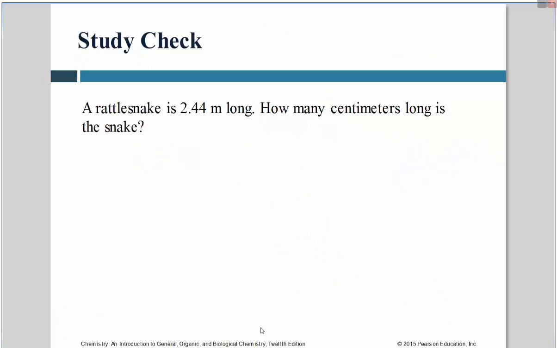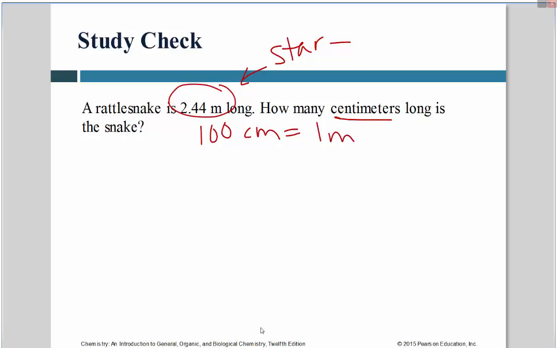Alright, let's try another one. A rattlesnake is 2.44 meters long. That's going to be our starting number again. Then how many centimeters long is the snake? So 100 centimeters is equal to 1 meter. Because that's the prefix, you're going to have to memorize that.